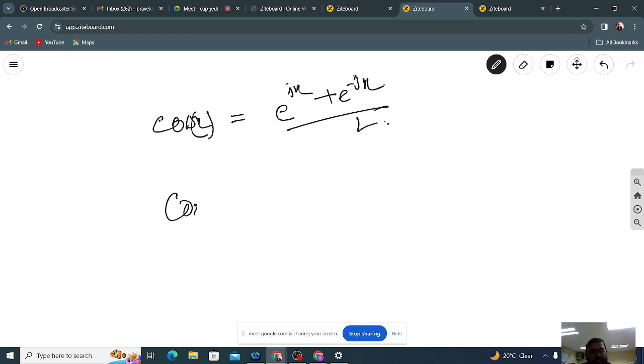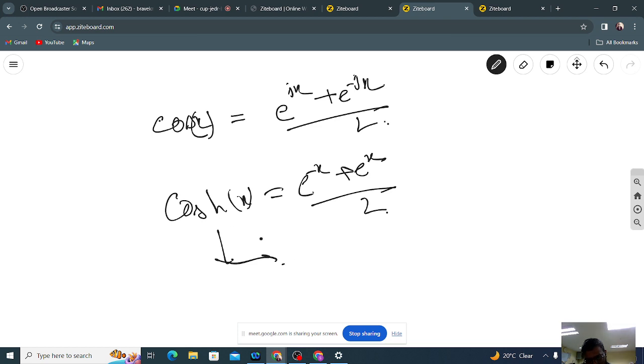When you take cos h of x, it is actually e to the power minus x plus e to the power x by 2. And from the derivation we have shown that cos h of x is cos of jx. So that is the difference between cos of x and cos h of x.